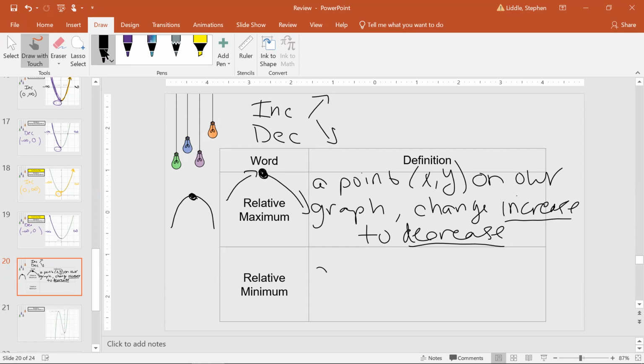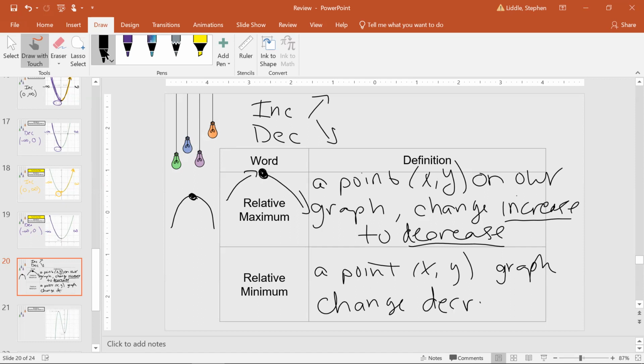So it's a point on our graph, x, comma, y, that changes from decreasing to increasing. So again, decreasing is if we were going down first, and then it changes to increasing, which means we're going up.